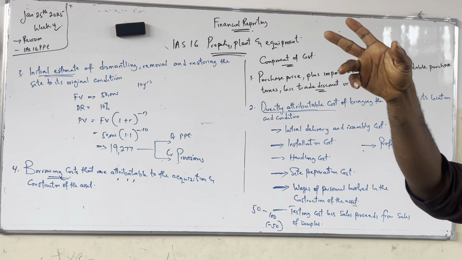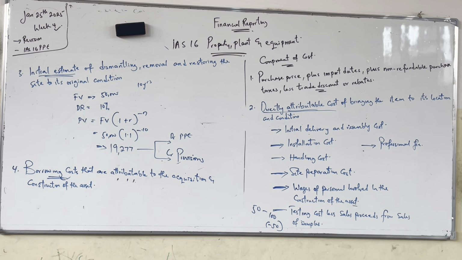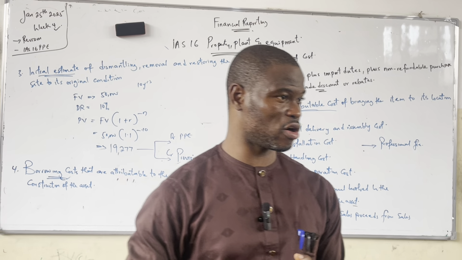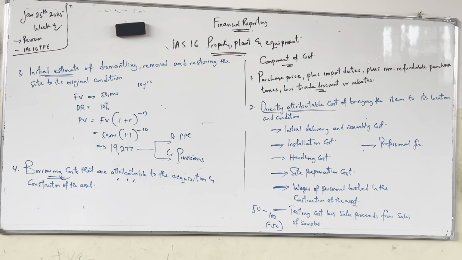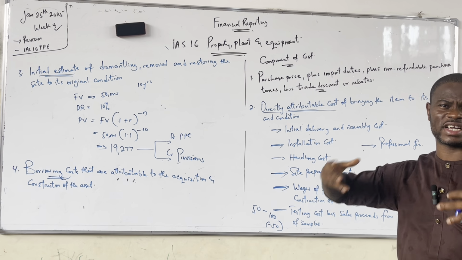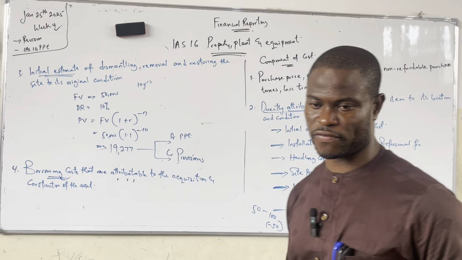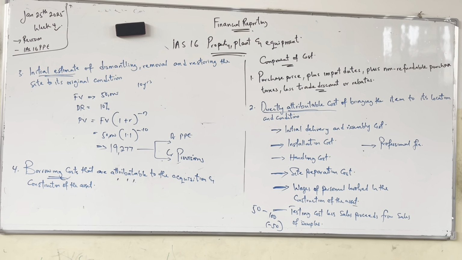I will still teach you this as a separate topic, so I'm not going to emphasize it when we are solving questions. But know that something like that exists that we add to the cost of an asset. So that is it for components of cost.